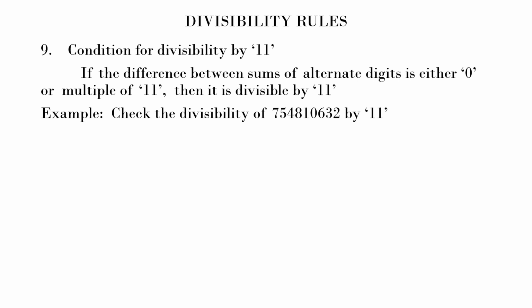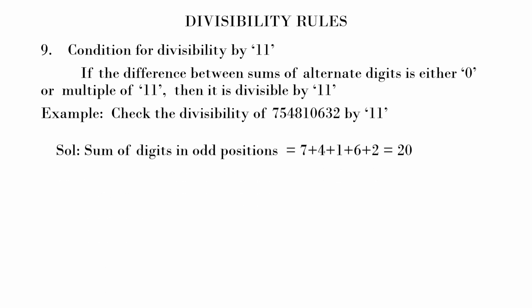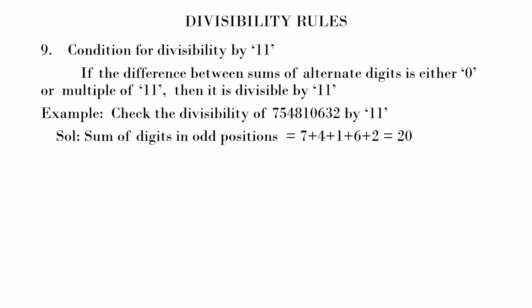For that we have to take the alternate digits, that is here 7, 5, 4, then 1, 6 and 2, that is the first, third, fifth, seventh, ninth places. So here the sum of the digits in odd positions is 20.